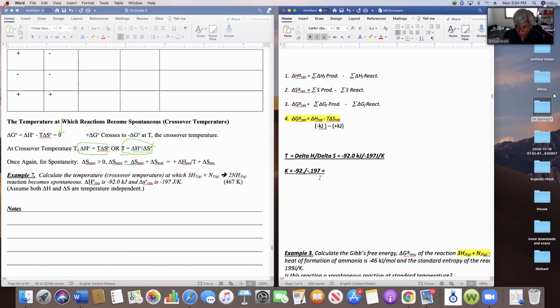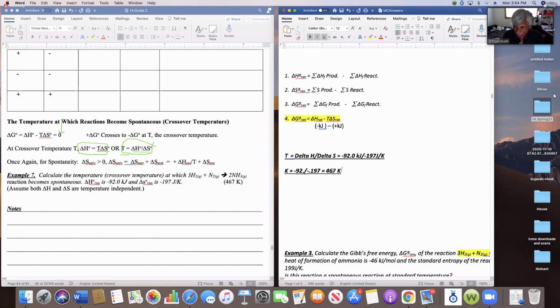Of course, temperature always has to be positive. So 92 divided by 0.197 equals 467 K. At 467 Kelvin, this reaction becomes spontaneous.